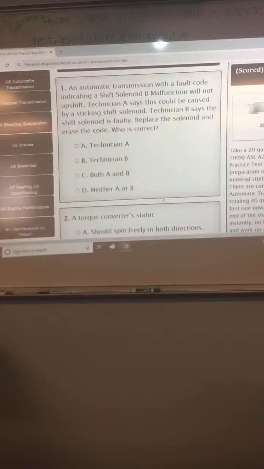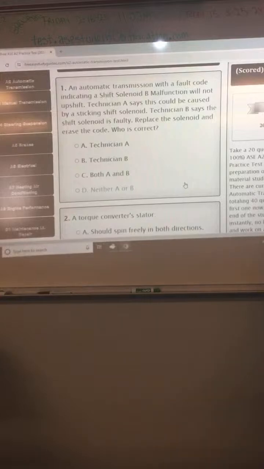Automatic transmission. Okay, so, indicator, shift solenoid B malfunction, not shifting. Technician A says it could be caused by a sticking shift solenoid. You're diagnosing an automatic transmission, fault code, check engine light on. Transmission codes are 700 codes, by the way. It's gonna be P0700 and something.